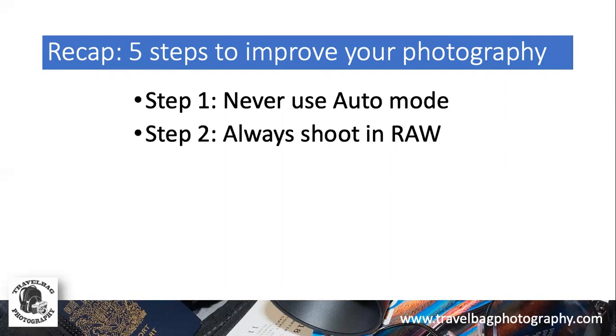Always shoot in RAW. If you're not shooting in RAW, then you're just not capturing the best images that you can. And even if you're not at the level where you're processing photos now, you go to your camera and choose the mode that captures both RAW and JPEG, because at some point further down the road, you may get into photo processing in programs like Lightroom and Photoshop.